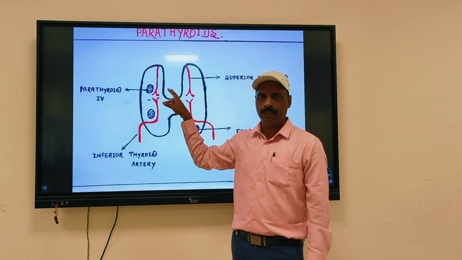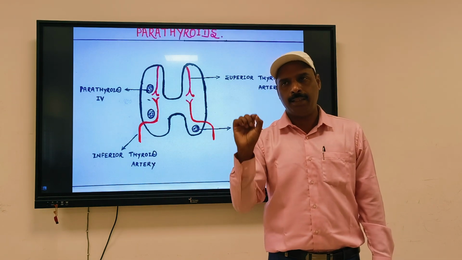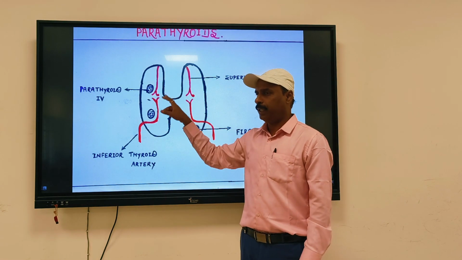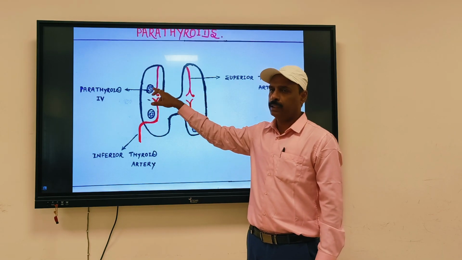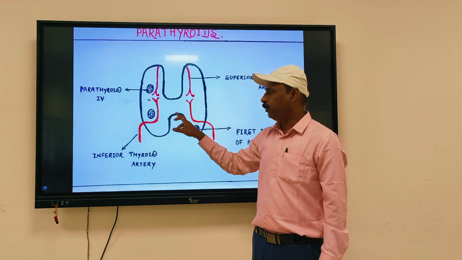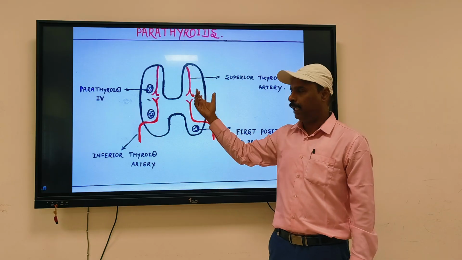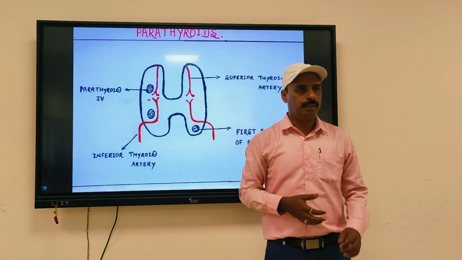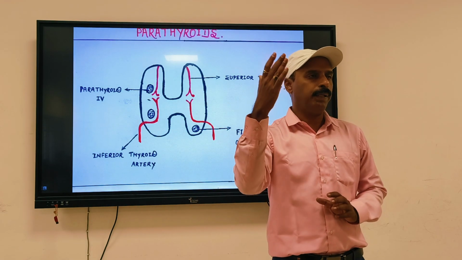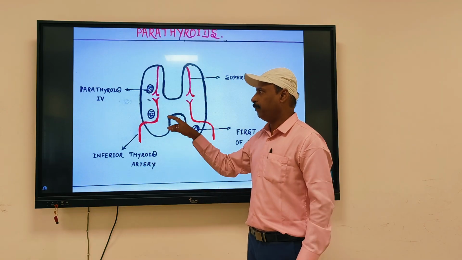They are not only one small gland, but small oval body-like structures situated on the posterior border. We get 2 on both sides, 2 superior and 2 inferior. We call them the superior parathyroid gland and the inferior parathyroid gland.